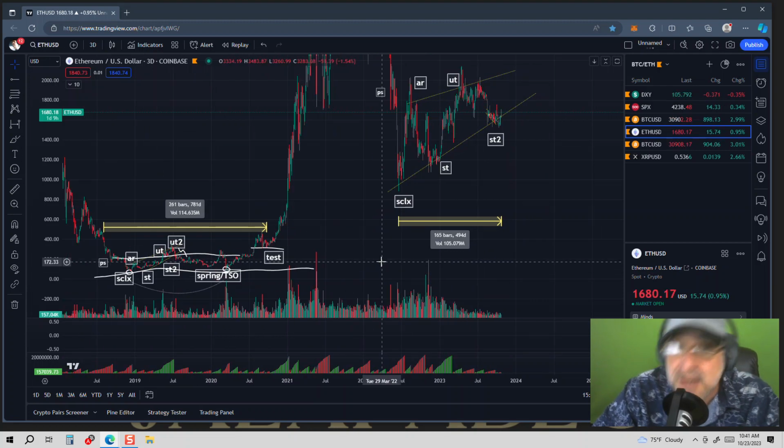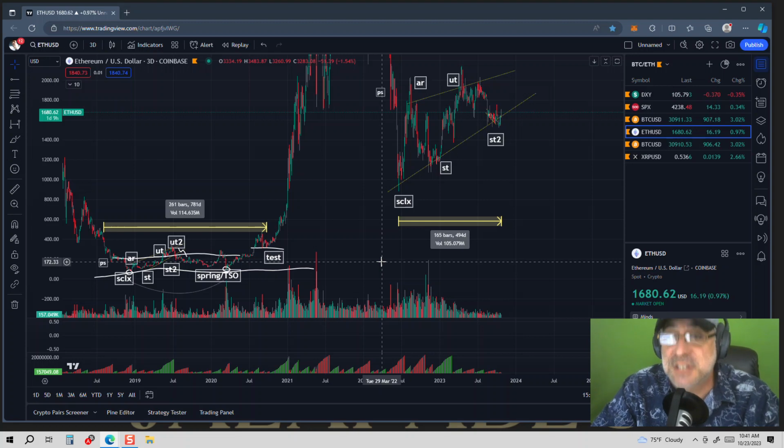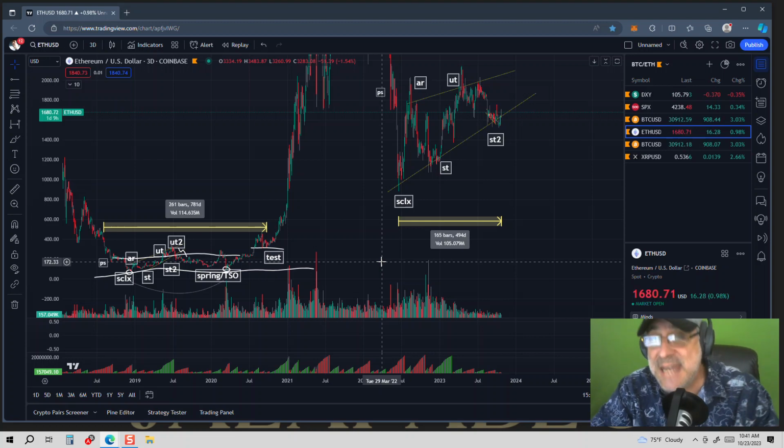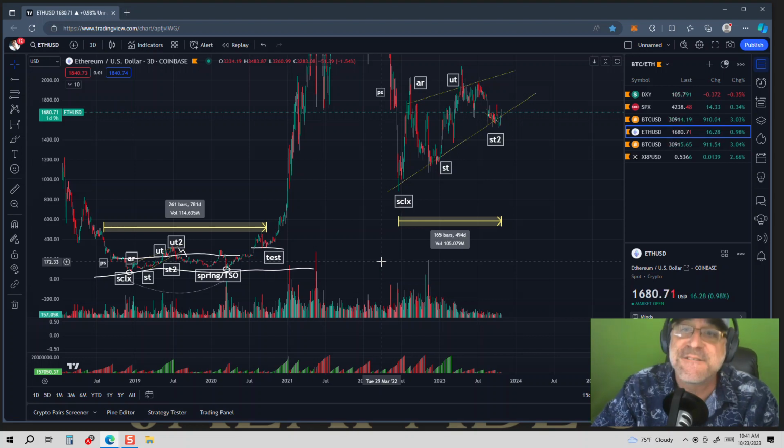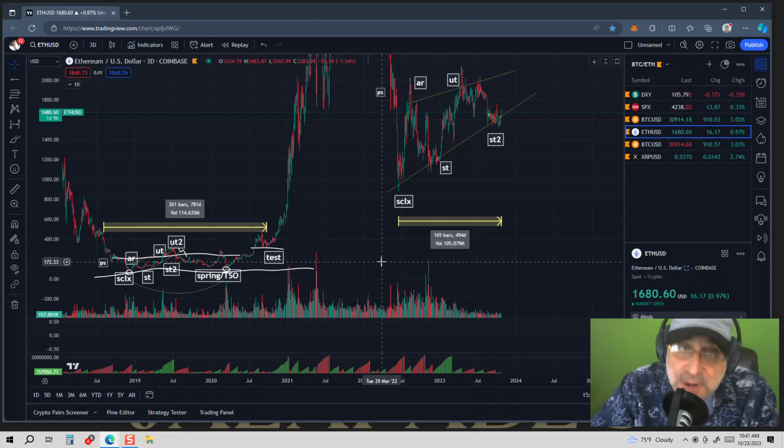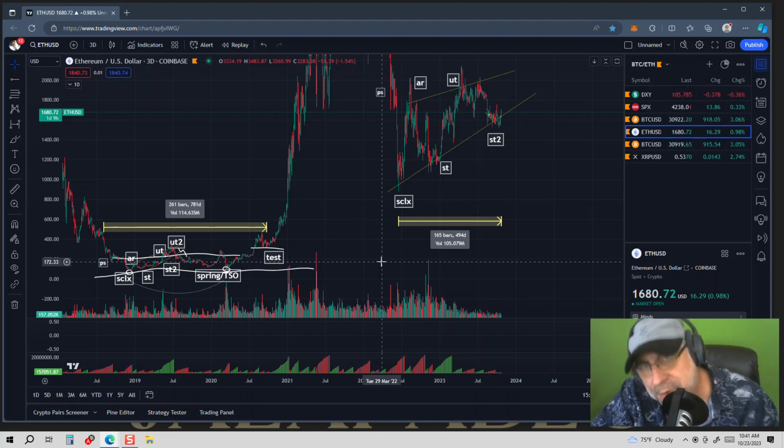But like I said, essentially the features of the schematics, aka the anatomy of these bear cycles, are fundamentally the same, which means there's a rising wedge, there's automatic rallies, there's secondary tests and upthrust after distributions, all of which comprise the wedge.